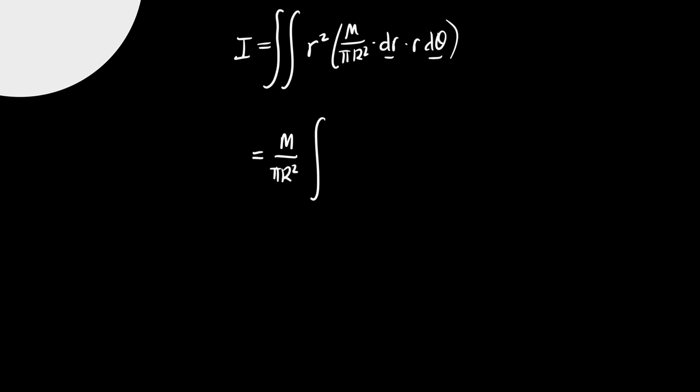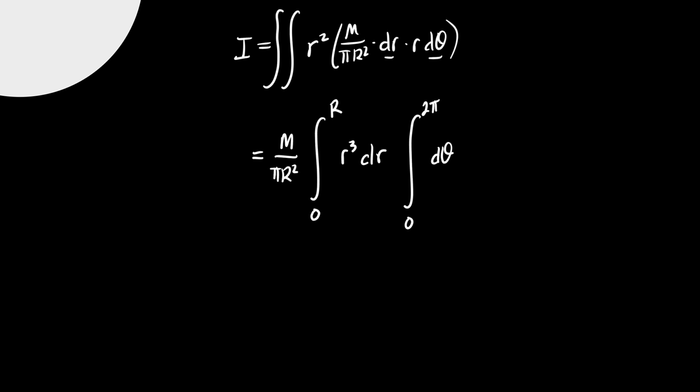I will separate and have r cubed dr. I've collected all the r's and put them with dr, and I'm going to start at 0 and go to capital R. And that just leaves d theta, which I'm going to start at 0 and go to 2 pi. Just like we did for the area, but this time I have more things that deal with r, so that's why there's r cubed there, because there's already an r squared there. Any question about all those choices?